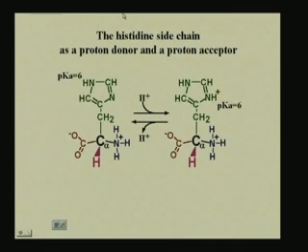Now, the side chain that you have here is the side chain for the histidine. Okay? Now, if you notice, what histidine can do is it can accept a proton, and as it accepts the proton, the side chain gets protonated, right? So, what has happened here?